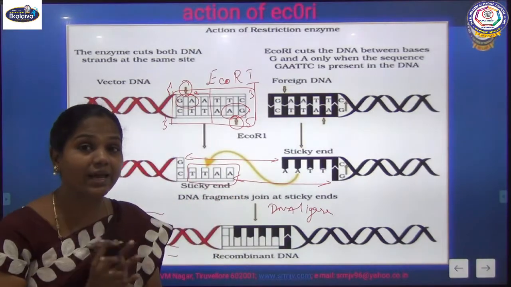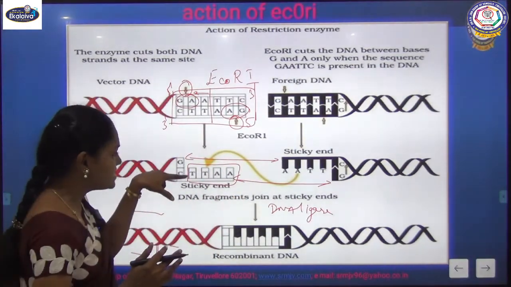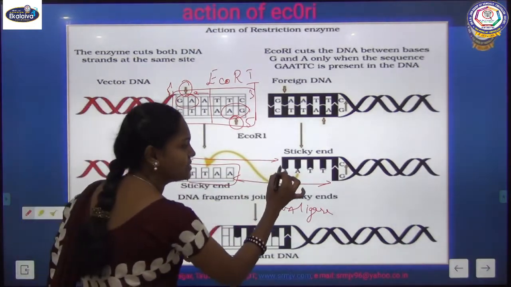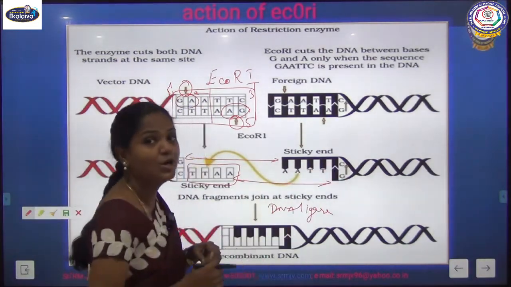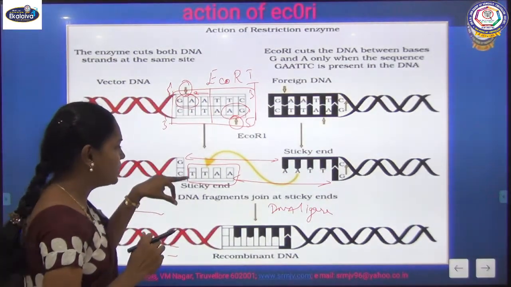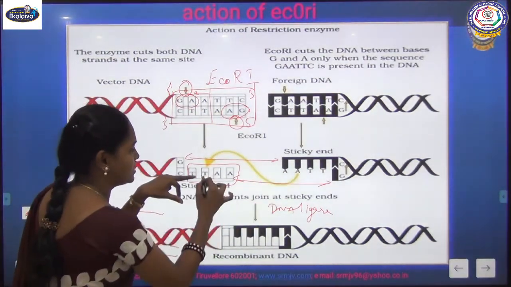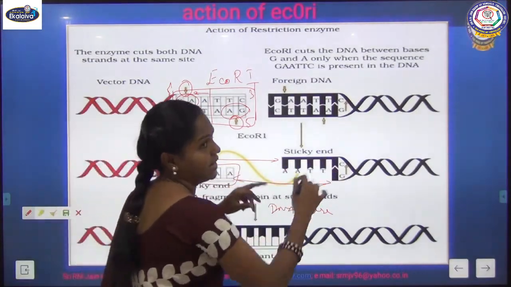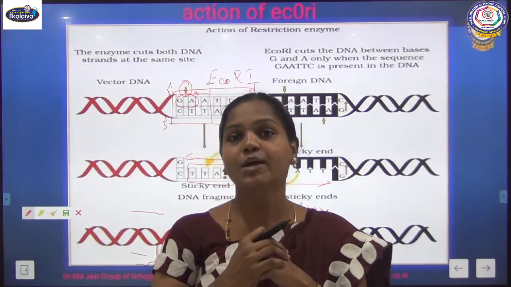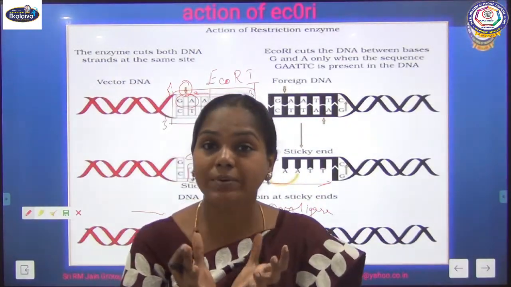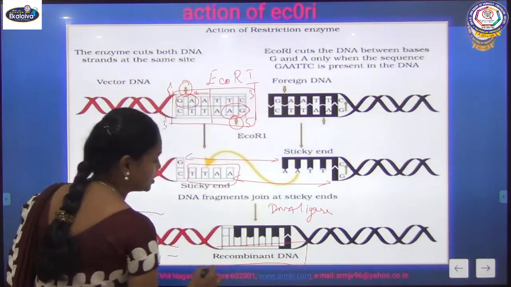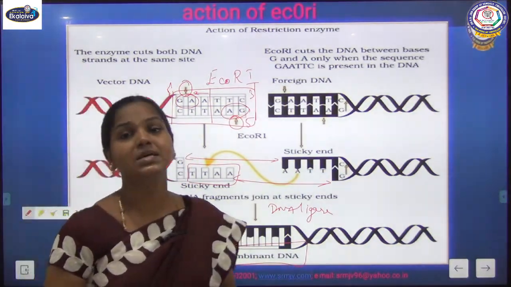When it is coming like that, see, here we have thymine, thymine, adenine, adenine, and here it is adenine, adenine, thymine, thymine. So there will be the formation of hydrogen bonds between T and A, T and A. So these two DNA stick together, and we get a combination of DNA, which results in the formation of our recombinant DNA.